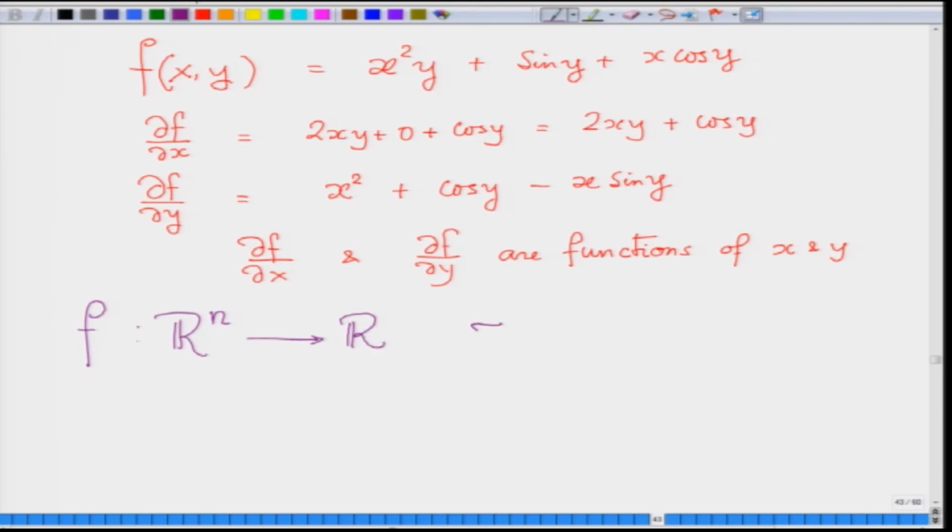So, we write this as z is equal to f of x, or if you want to be more precise, you can write this as z is equal to f of x1, x2, ..., xn.